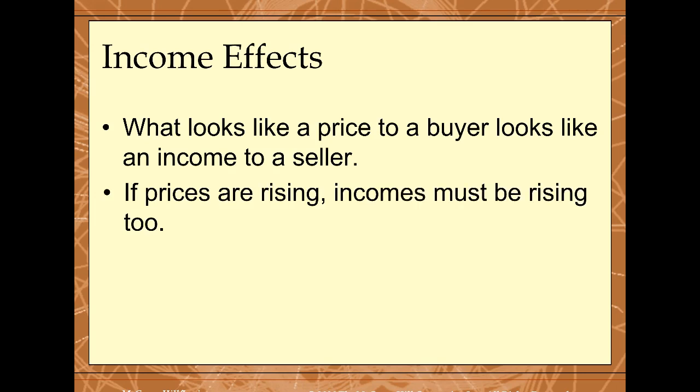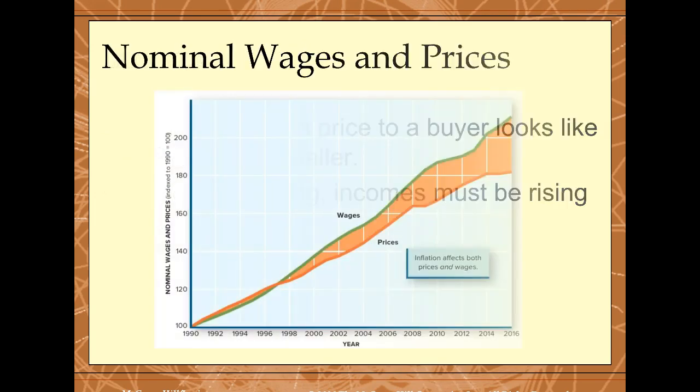So if prices are rising, incomes must be rising too. In other words, if there's inflation, somebody's making more money. So inflation helps those people who sell or produce a good that's rising in price, and it hurts those who have to buy those goods and services.